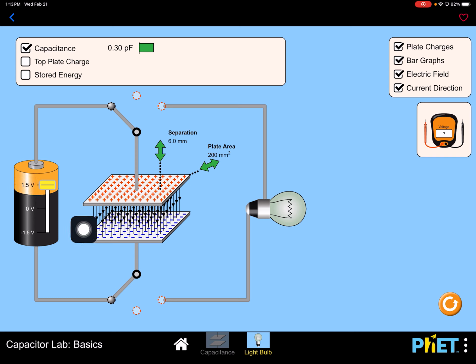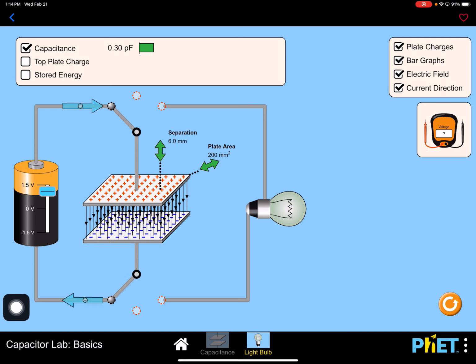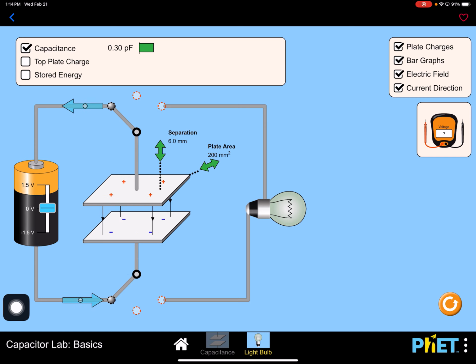When the voltage across the capacitor equals the battery voltage, the electric field in this wire has gone to 0, and that's why charge flow has stopped. So again, when there's no charge on the capacitor, there's no energy stored in the capacitor.